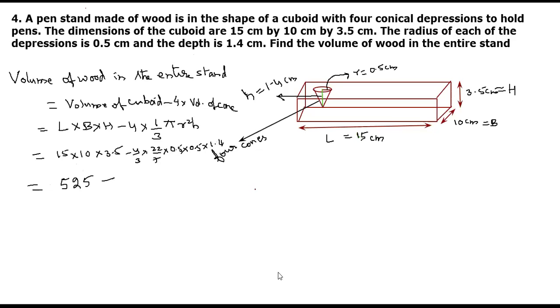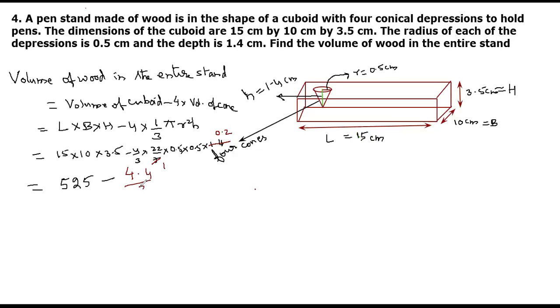From 7 we can cancel 14, so 7 into 1 is 7, and 7 into 2 is 14, giving 0.2. Now we have to multiply all the numerators and divide by 3. So multiply 4 into 22 into 0.5 into 0.5 into 0.2. So 4.4 will be the answer. You can do it your own way also, no problem.